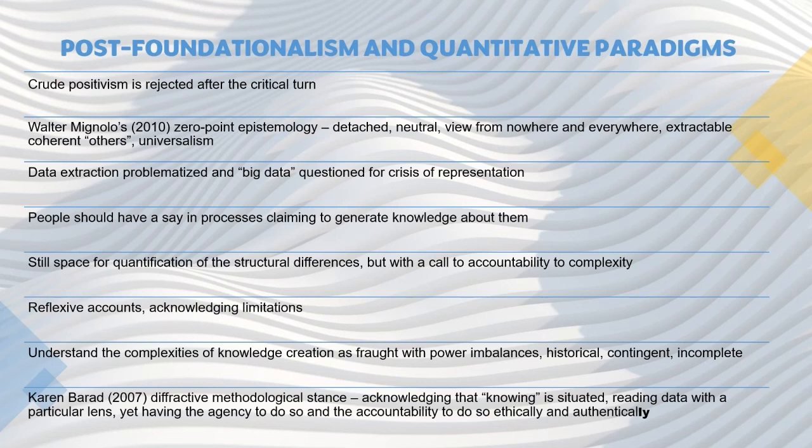So the only way we can remedy this, if we're doing quantification in this complex reality, is to write a reflexive account and to acknowledge the limitations of quantification. We need to understand the complexities of knowledge creation as fraught with power imbalances, historical problems, that it is contingent on the reality and incomplete.